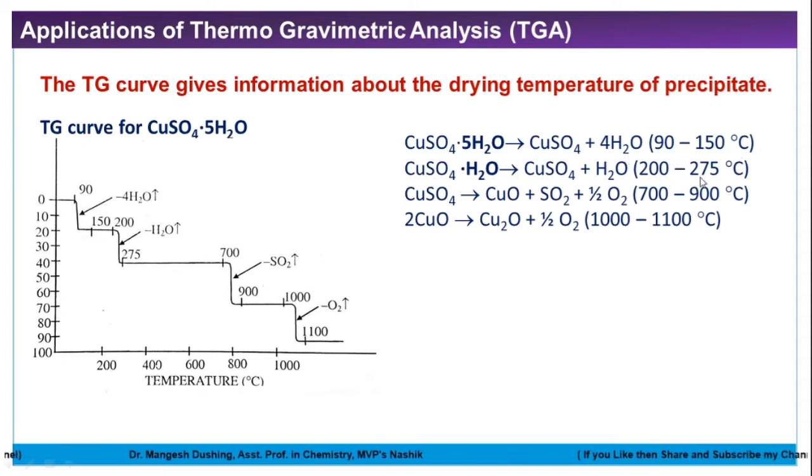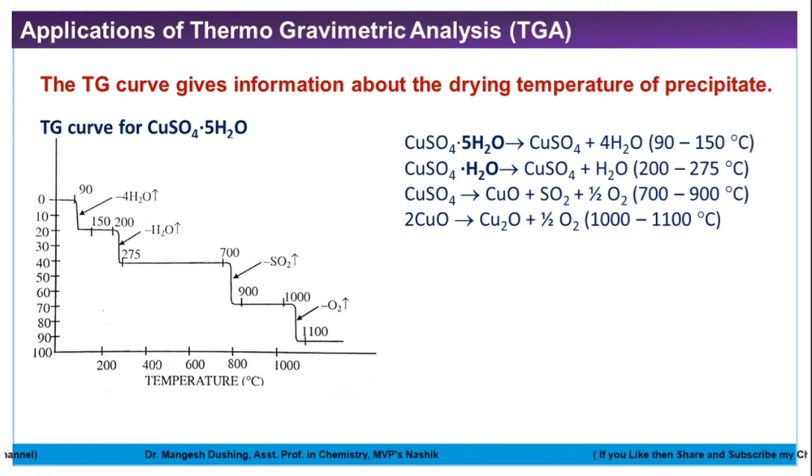Then at 200 to 275, copper sulfate becomes anhydrous. Then if you heat the copper sulfate at 700 to 900, it converts into cuprous oxide, SO2 and oxygen molecule. This cuprous oxide, if you heat it, gives Cu2O at 1000 to 1100 degrees Celsius.